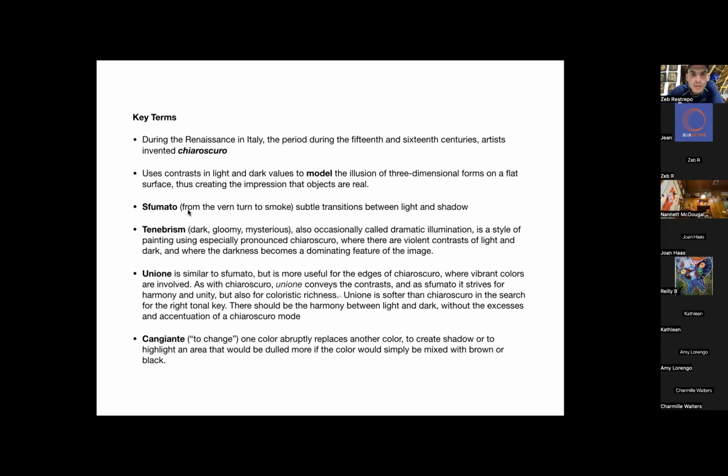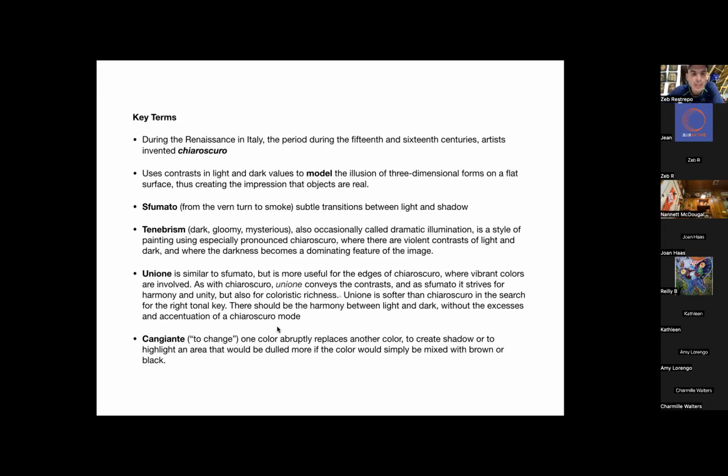So we'll start with sfumato. I guess all these three terms, sfumato, tenebrism, unione, cangiante, fall under, I believe, chiaroscuro, I'm pretty sure. But sfumato is a subtle transition between light and shadow. Tenebrism tends to be more dark, gloomy, and mysterious.